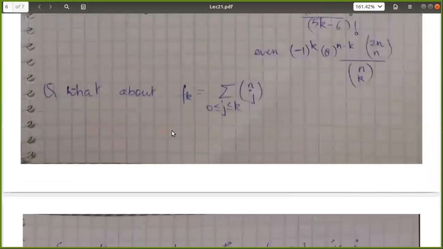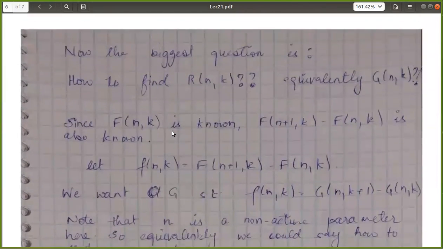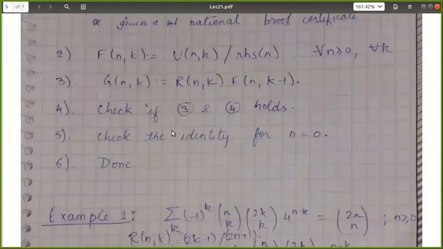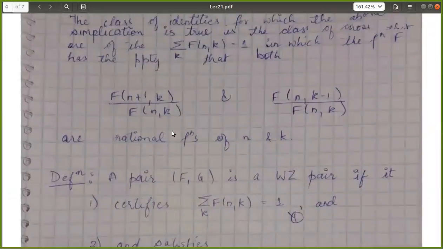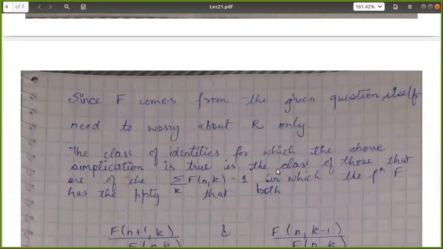And since this entire theory is developed for the case when the summation over k of F(n, k) is equal to 1, you know that the identity exactly holds and it is not going to give you just some constant value here.